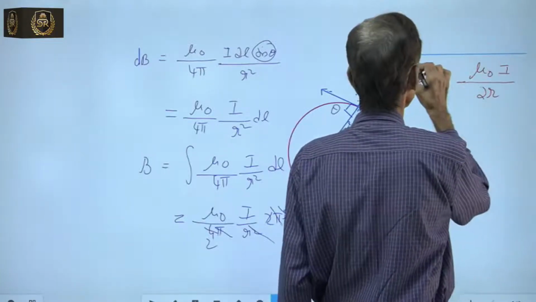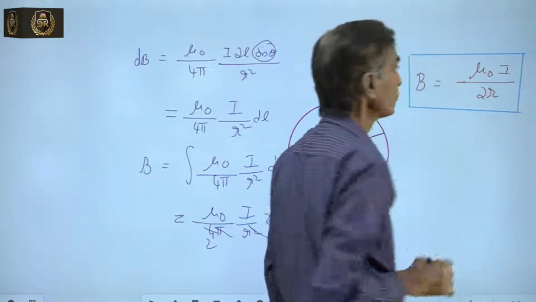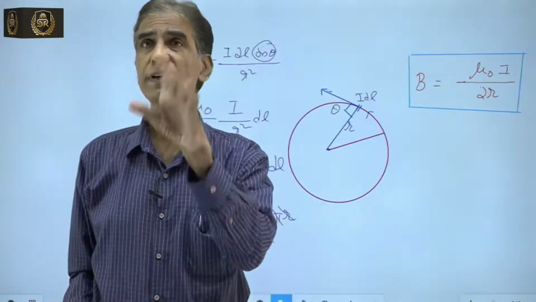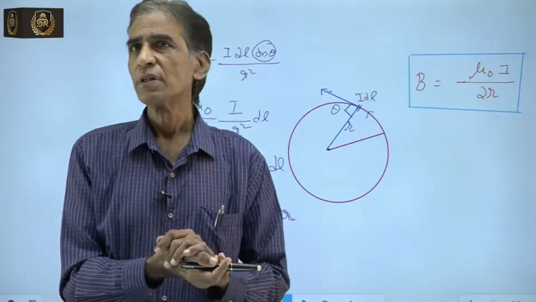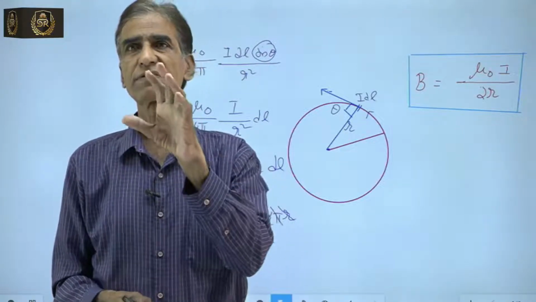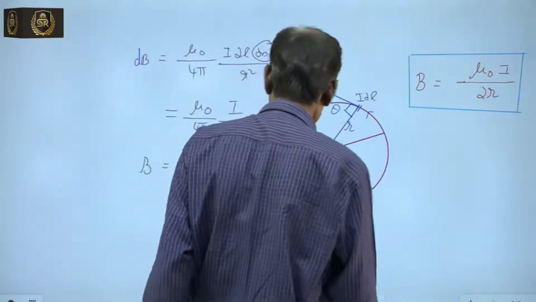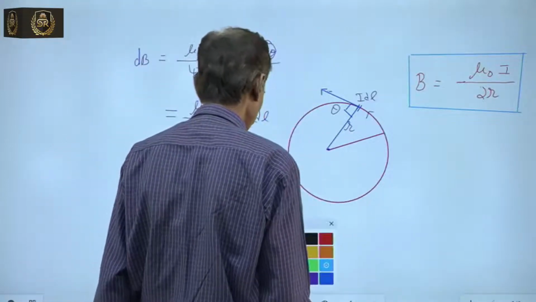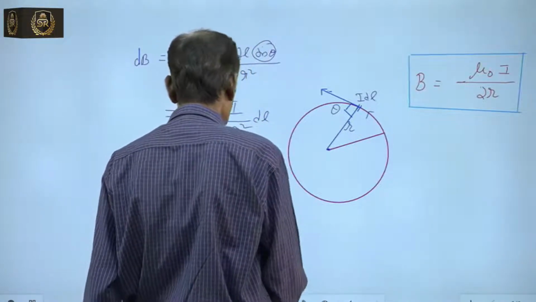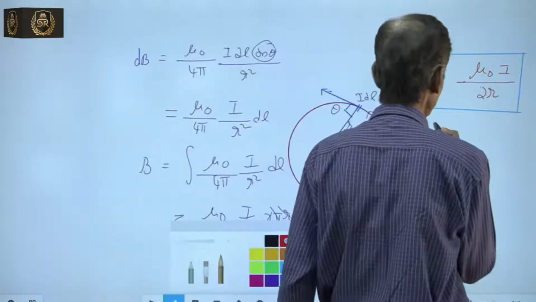This is our third very important formula, and from this we will get one general formula now. Suppose we have an arc of a circle. There is one arc of a circle.